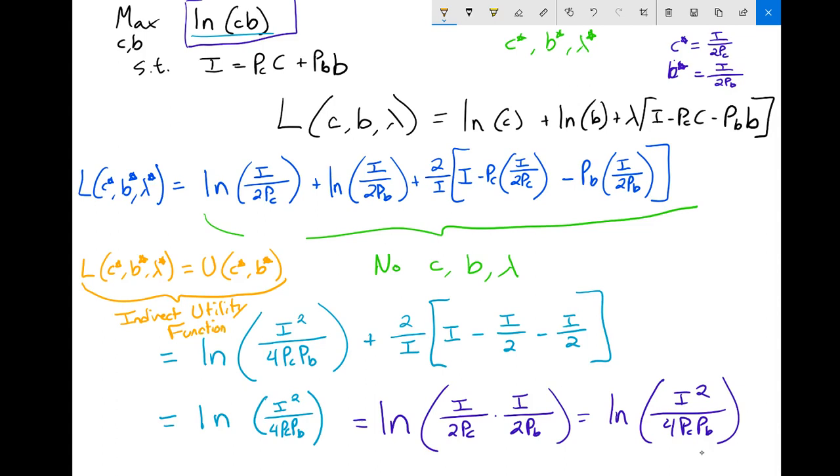Okay, so there we have it. We have the indirect utility function. It is a function that gives us utility based on the parameters at the optimal point. That is, considering the optimal decision that the agent would make.